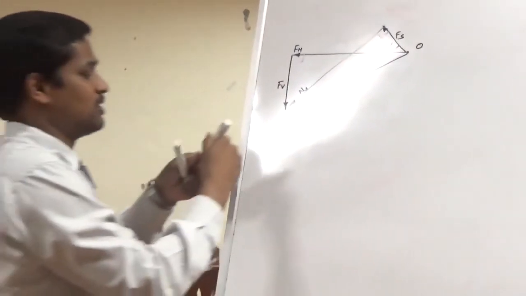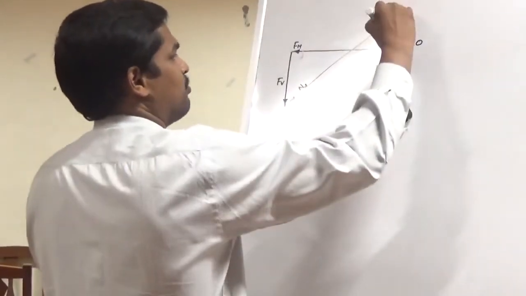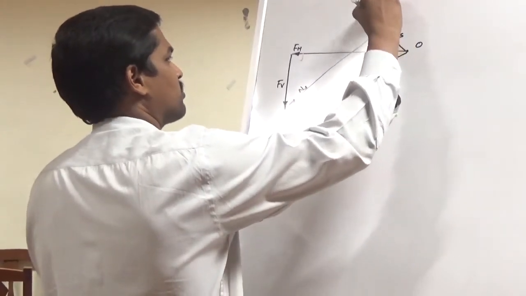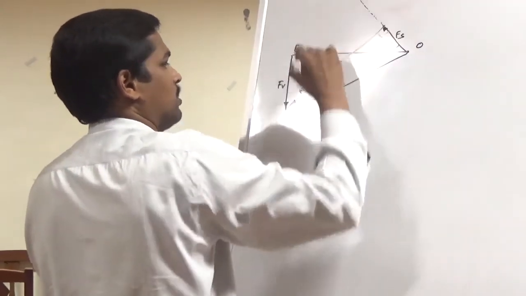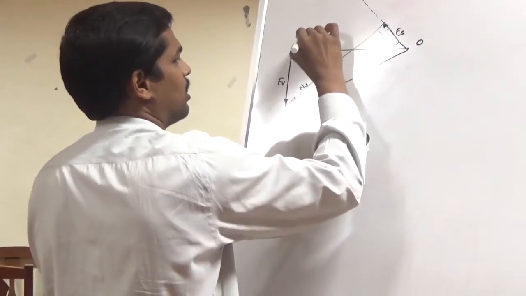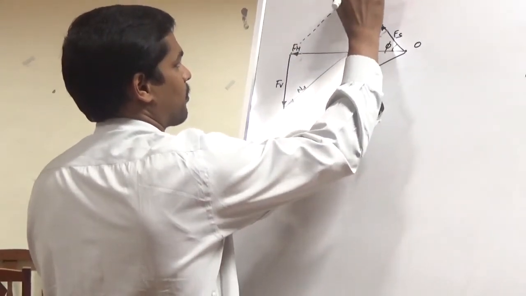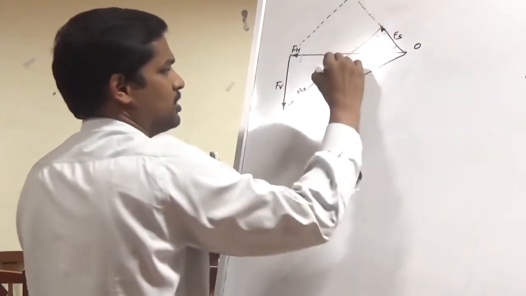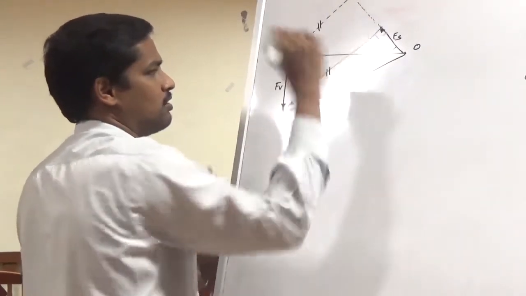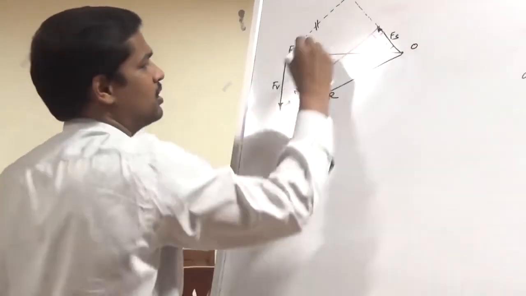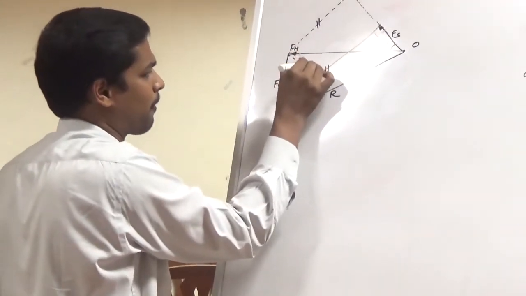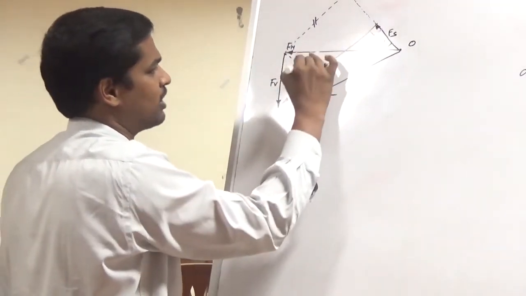In order to complete this triangle, let me extend this further, and parallel to Ns, I am drawing this. These two lines are parallel and I have simply extended this. And again a parallel line here. These two lines are parallel.